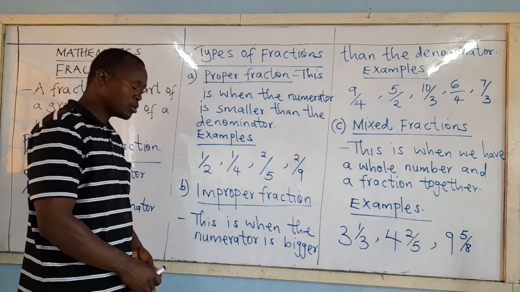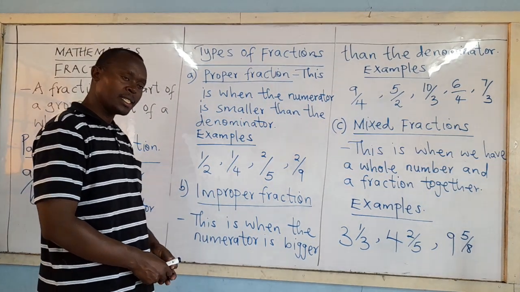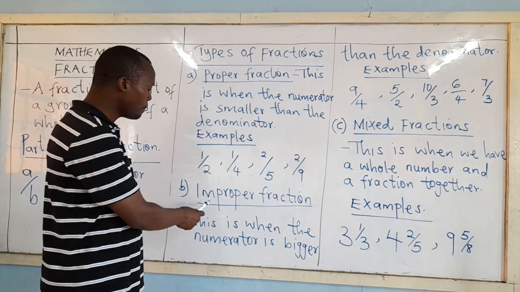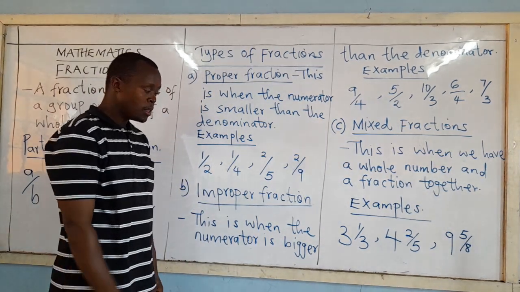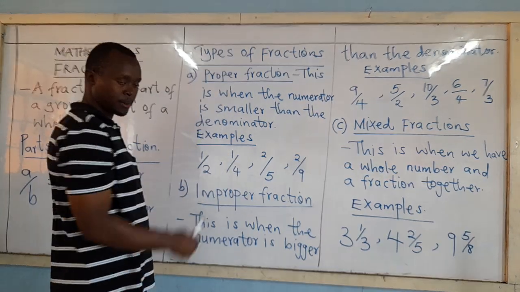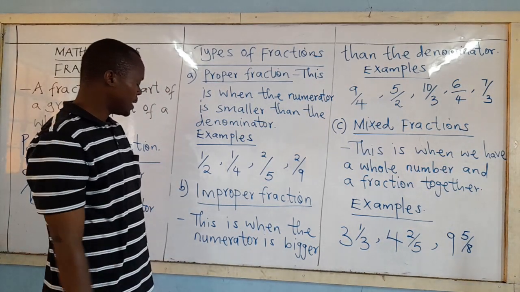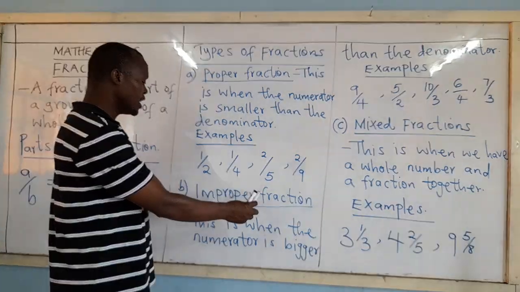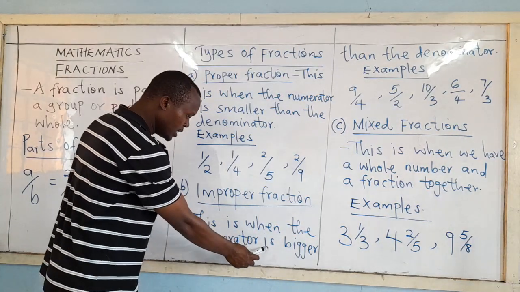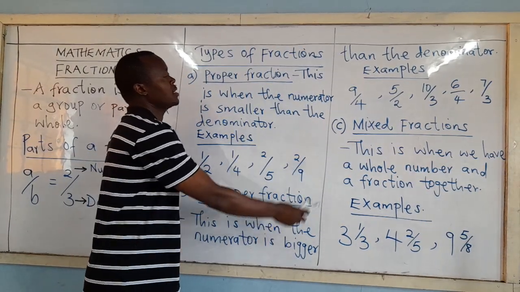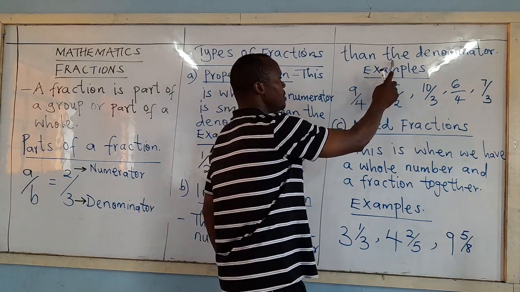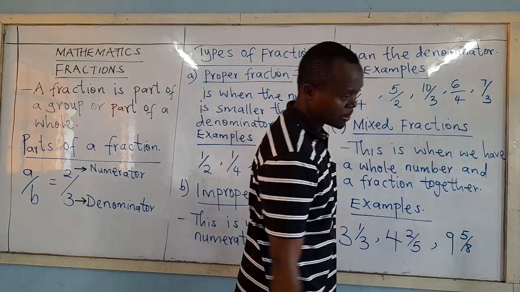Another type of fractions that we are learning is the improper fraction, the opposite of proper. Now here, improper means that the numerator is bigger than the denominator.